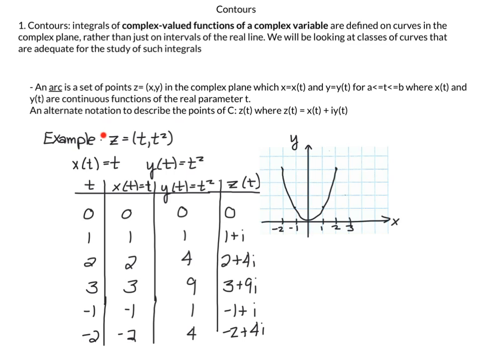I chose to parameterize this with t because I like thinking of tracing out this curve in time. But another way this could have been parameterized is that your x coordinate is just x, and then y is equal to x squared. This makes it more explicit that the relationship between y and x is that y equals x squared, which is of course the parabola you're familiar with.